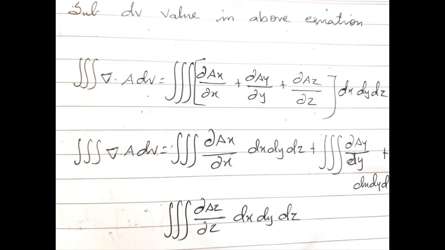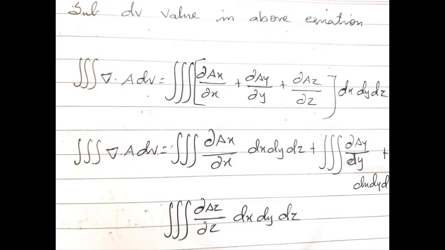If we substitute dV, the equation will be the triple integral of dou Ax by dou x plus dou Ay by dou y plus dou Az by dou z, multiplied with dx, dy and dz. This dx, dy, dz is common for all the terms, so individually we have to multiply dx, dy, dz with single terms.